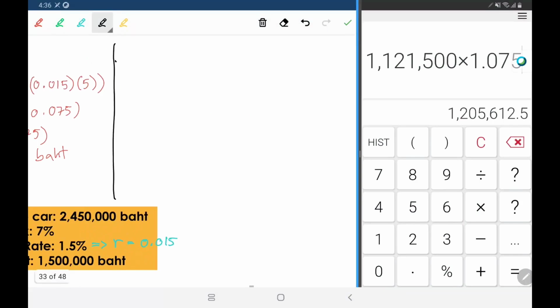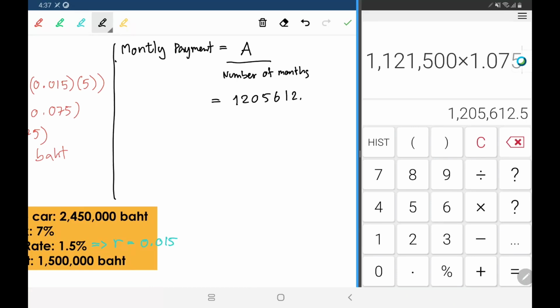So, the monthly payment can be found from the future value divided by the number of months. The future value is 1,205,612.5. Number of months: how many months in a year? 12 months.